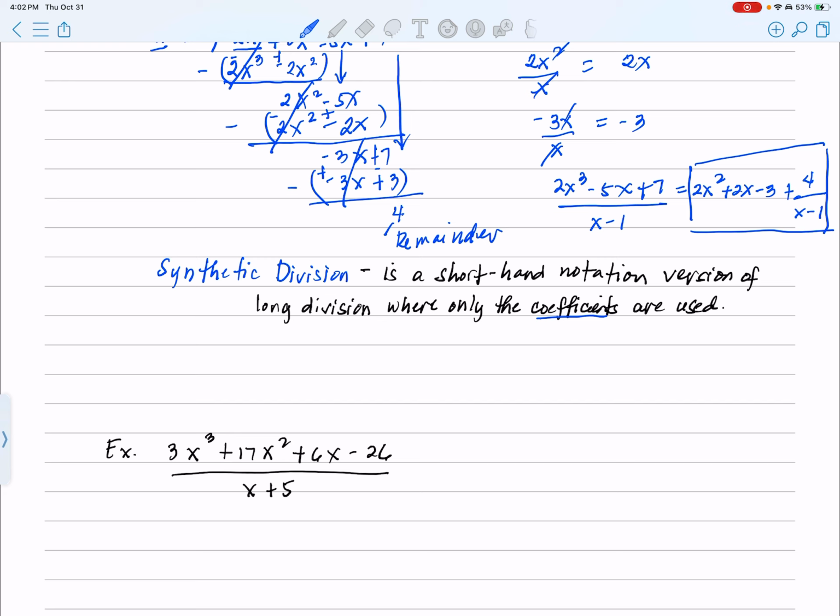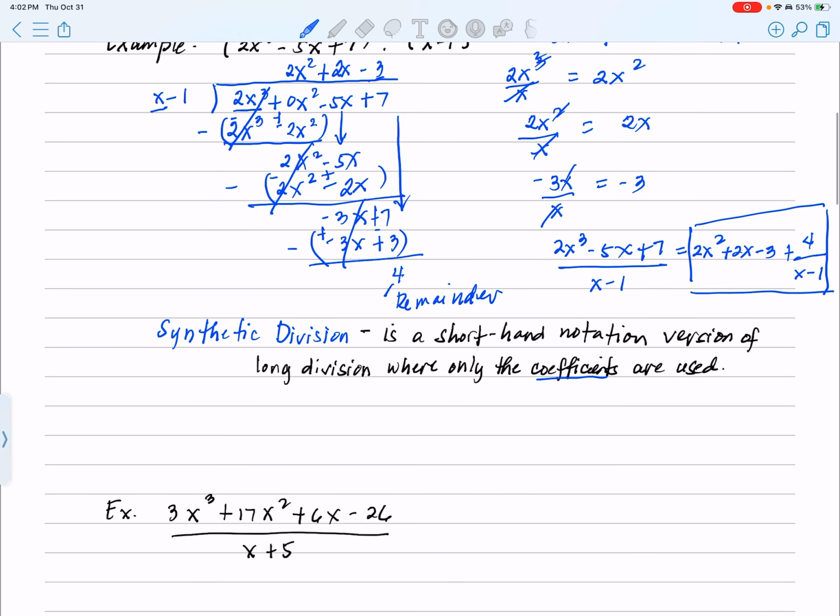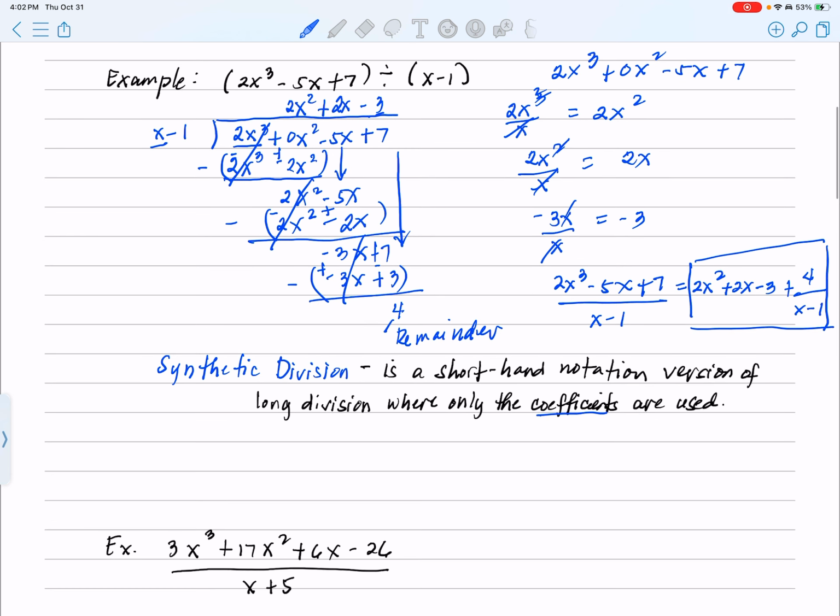So let's say we do the same thing. This is the given, right? 2x to the third power minus 5x plus 7, we divide by x minus 1.